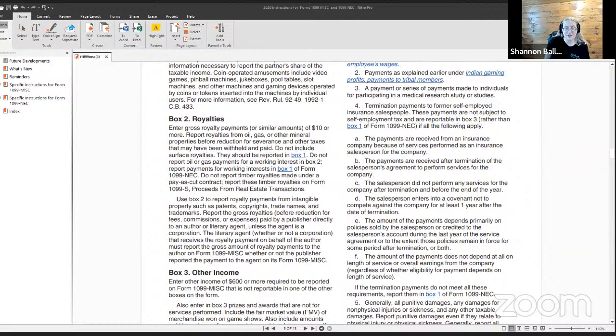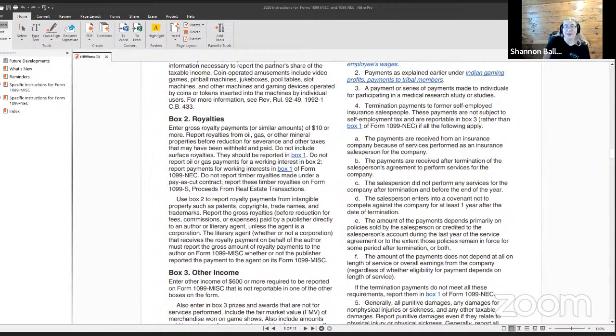The literary agent, whether or not they're a corporation, who receives the royalty payment on behalf of the author must report the gross amount of royalty payments to the author on Form 1099 miscellaneous, whether or not the publisher reported the payment to the agent on their Form 1099 miscellaneous.